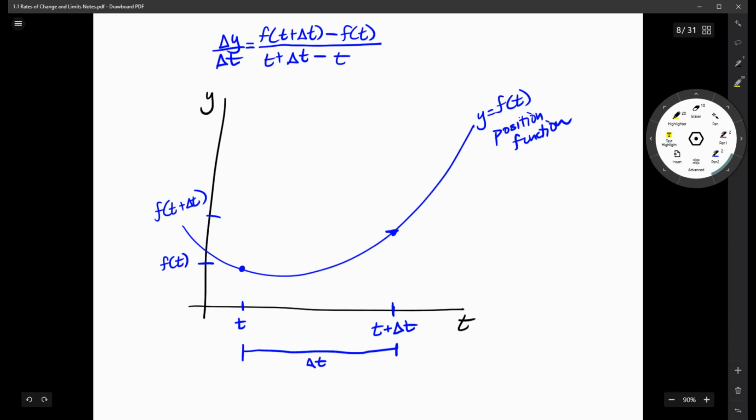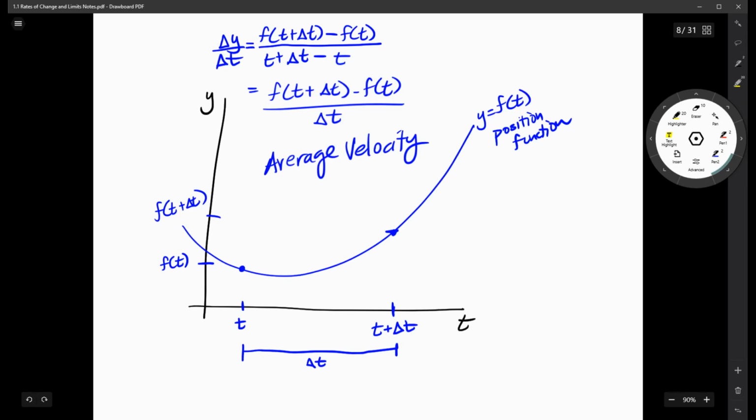You can see on the denominator of this ratio, the t minus t zeroes out, and we are left with f of t plus delta t minus f of t all over delta t. This is average velocity, and it always occurs over an interval. So when we talk about average velocity, we're talking about velocity over an interval.